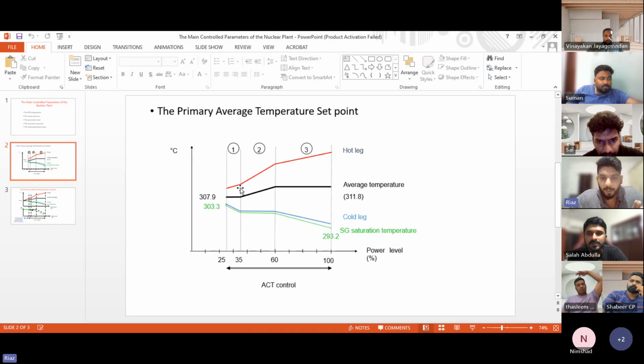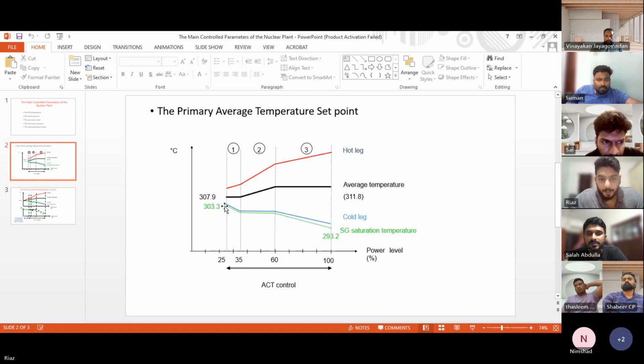The red line is showing the hot leg, the black one is showing the average temperature, and the blue is the cold leg. And the green one is the steam generator saturation temperature. At the starting point, if it is above 25% of full power, it is obviously in the ACT control, which is what it's showing here.